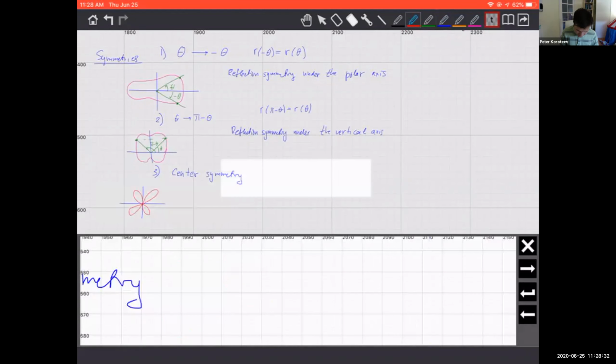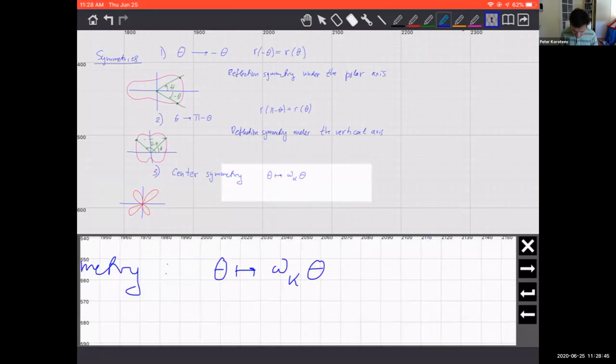So it means that you can multiply. So if you replace theta with omega_k theta, I'm saying that in a little bit more formal way, but it's not so hard to understand. Where omega_k is the so-called kth root of unity.